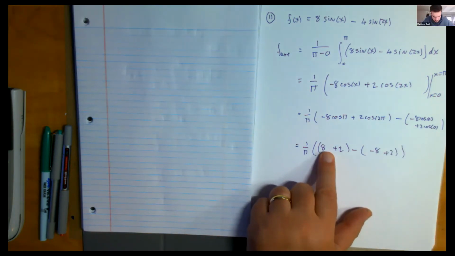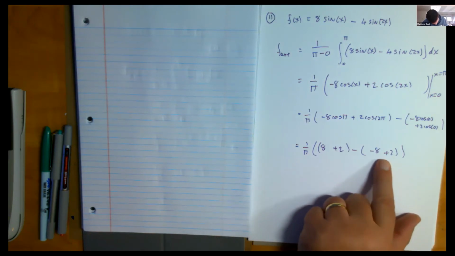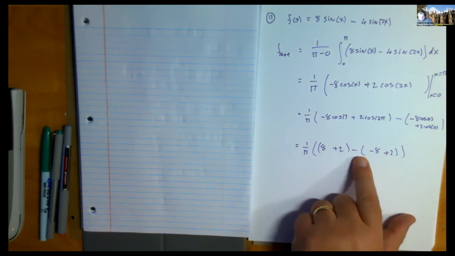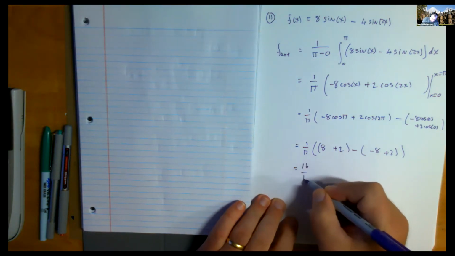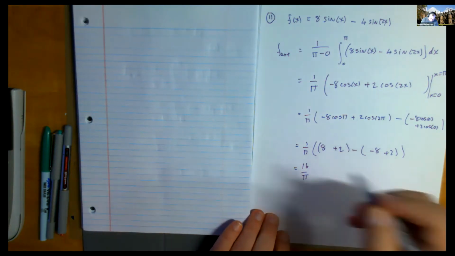So I get 10 take away 6, but take away is add. So I get add 6, so I hope I counted this right. I get 16 over pi. And that's part A done. Find the average value of the function. It's 16 over pi.